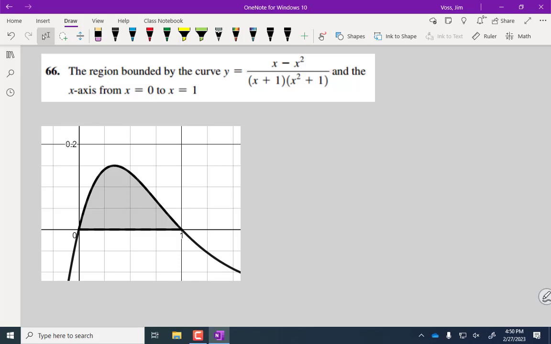Vertical. An upright rectangle. Here is our upright rectangle at x. So we're going to integrate across from 0 to 1, upper curve minus lower curve. That's how we find area when we have a dx. The lower curve is just 0.